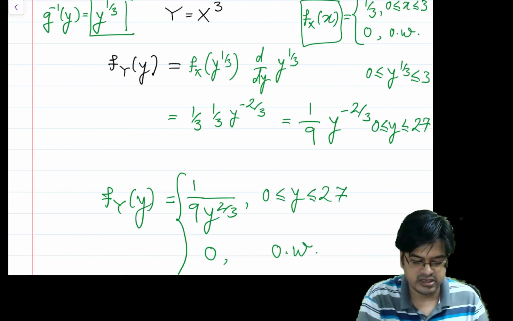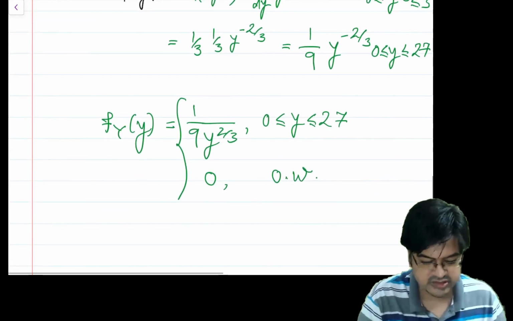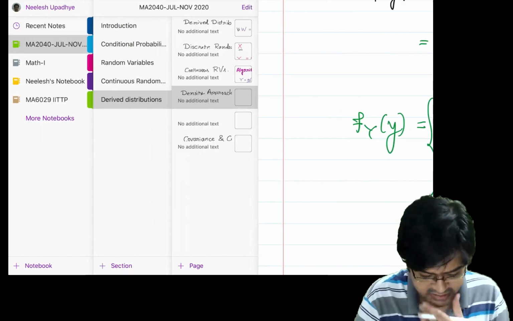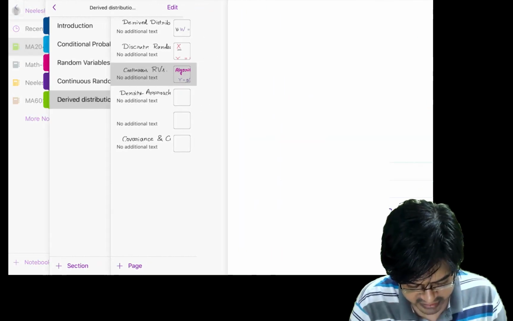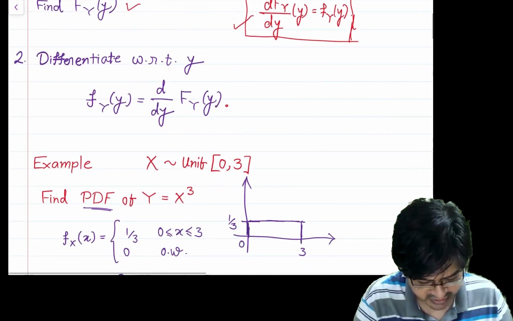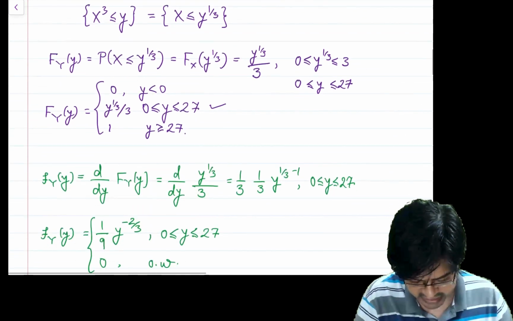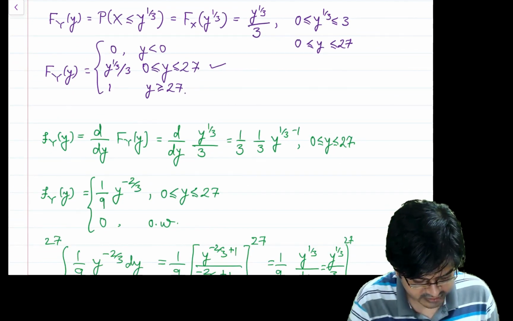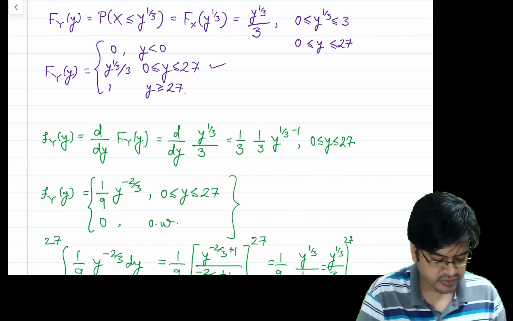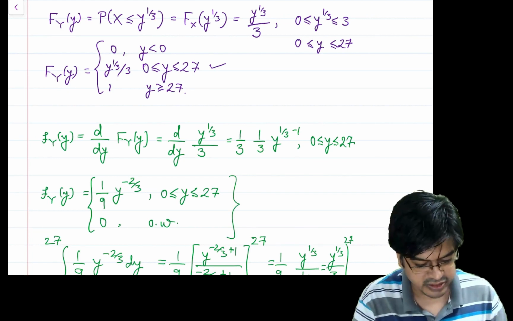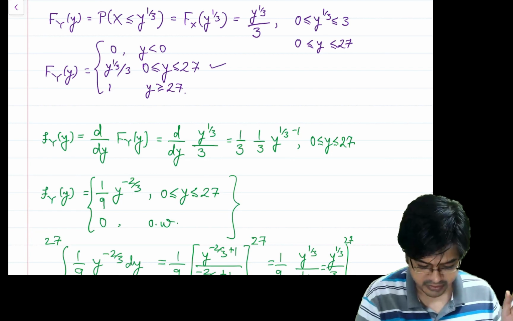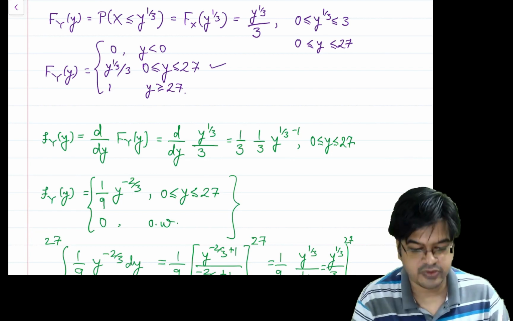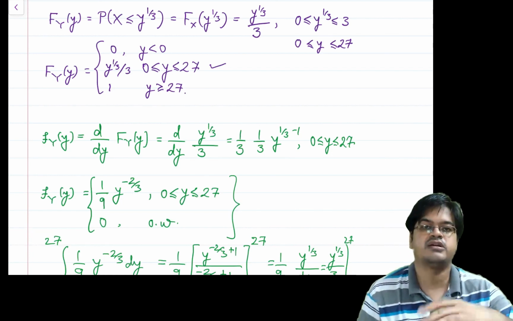Good. So this is the density approach. Let us go and verify in our earlier result what we have done for continuous random variables, whether this particular answer matches with our answer. Yes, it matches. See this answer. Good.